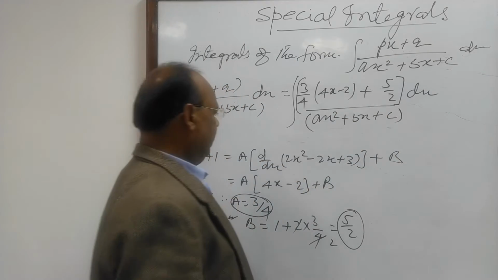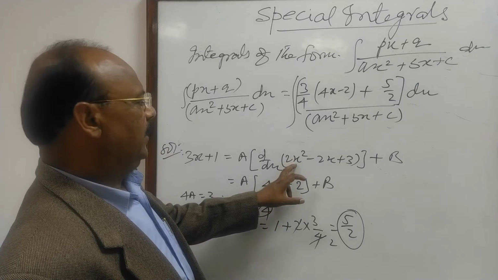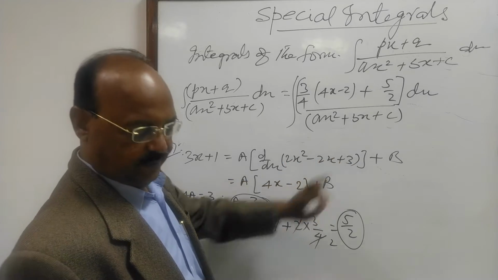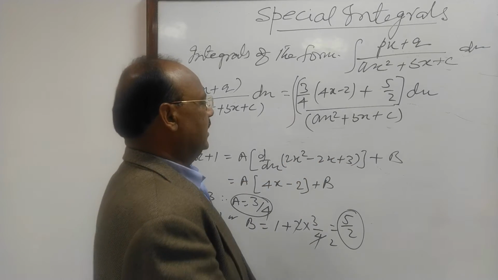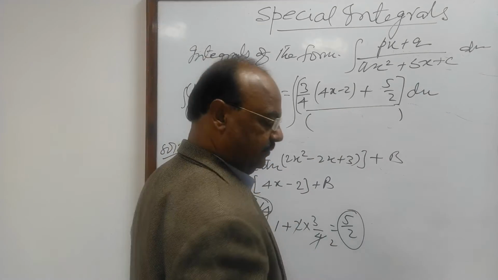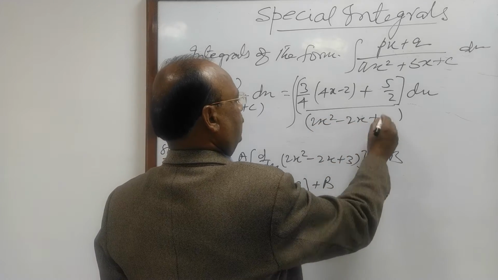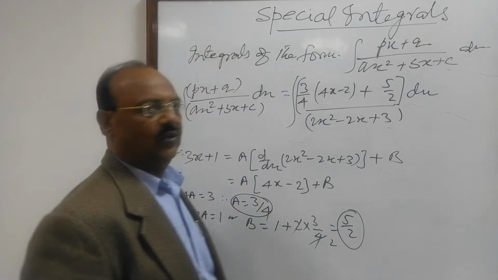In place of ax square plus bx plus c, what do we have? 2x square minus 2x plus 3. So in this place we will write 2x square minus 2x plus 3.